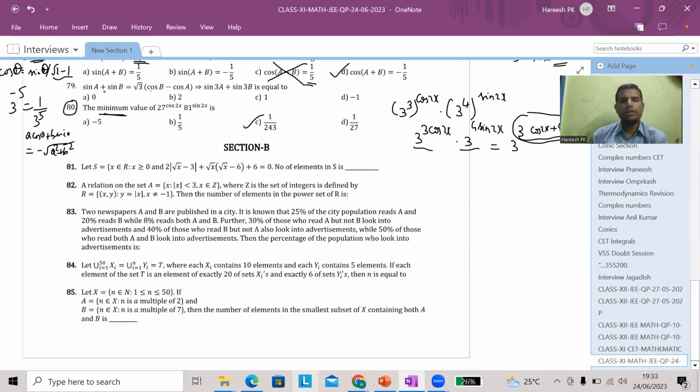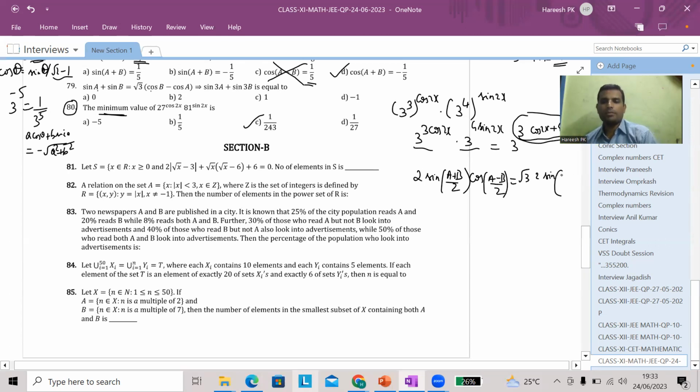So let's apply the identity. Sin A plus sin B, I can write as 2 sin A plus B by 2 cos A minus B by 2. And cos B minus cos A I can write as minus 2 sine B plus A by 2 and B minus A by 2.